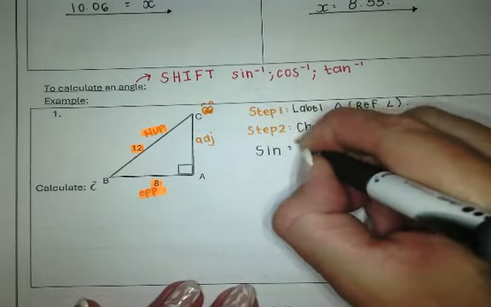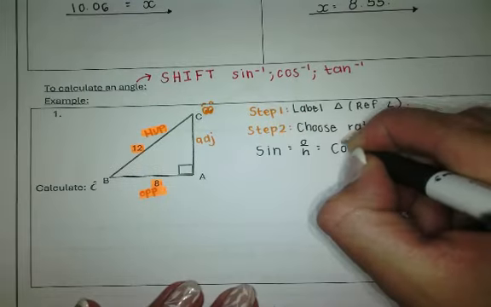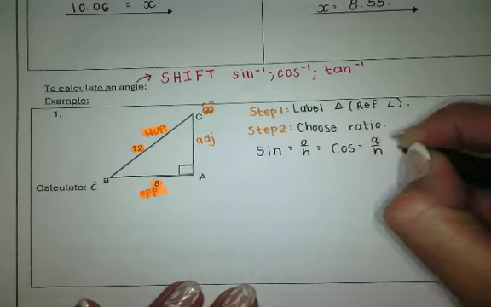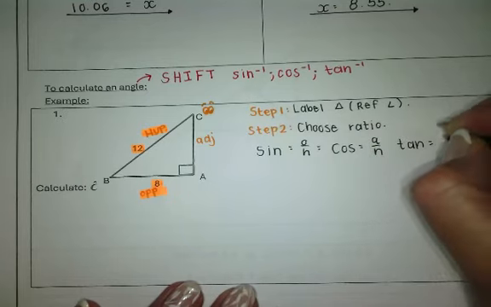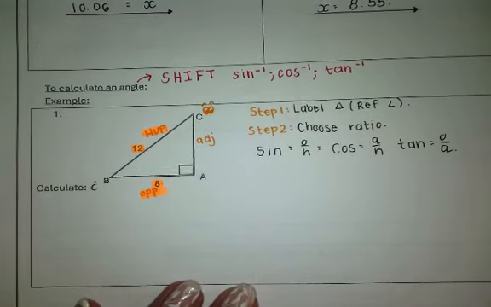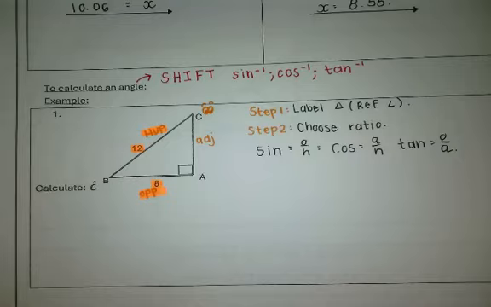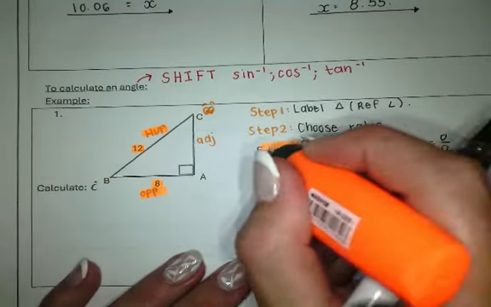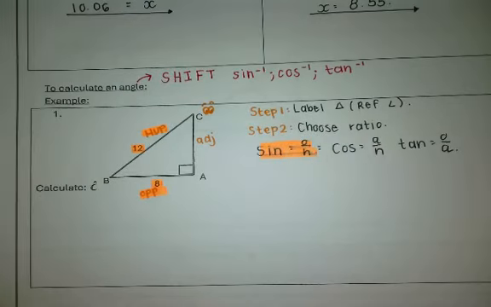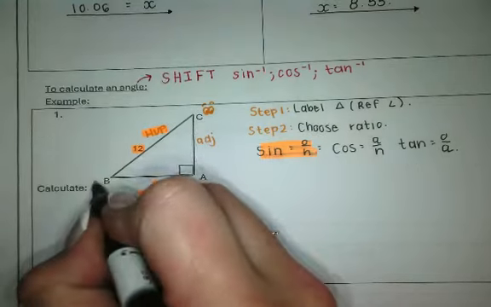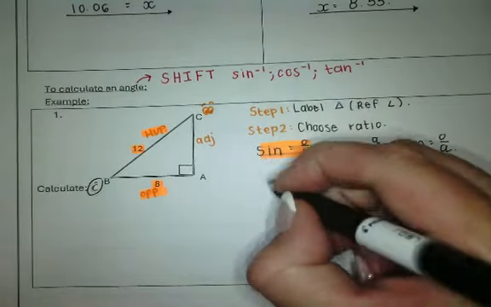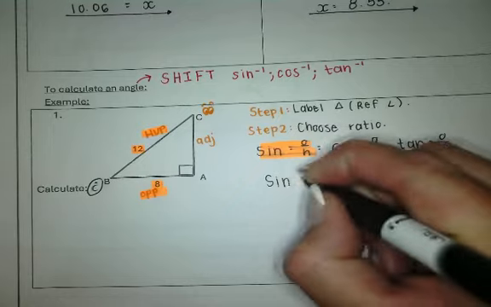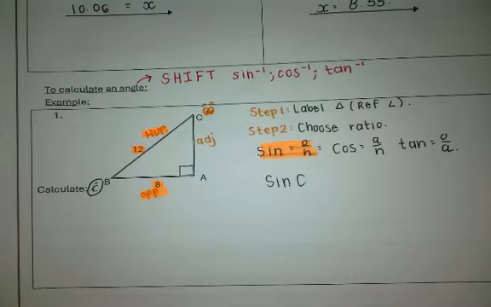So we've got SOH CAH TOA. Which side am I going to use? Sin. We don't have theta, and my reference angle is C. So this is going to be sin C.